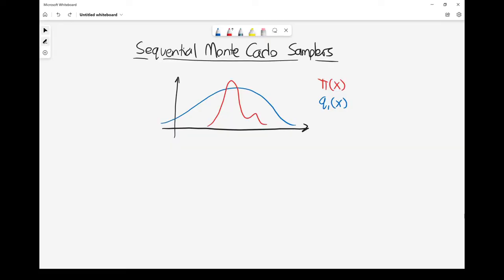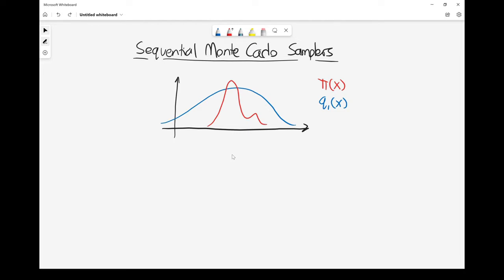So in the previous two videos, we've said we are interested in estimating things associated with this probability distribution, which we're calling the target, and we've drawn an example 1D target in red. So far, we've essentially just done standard importance sampling.